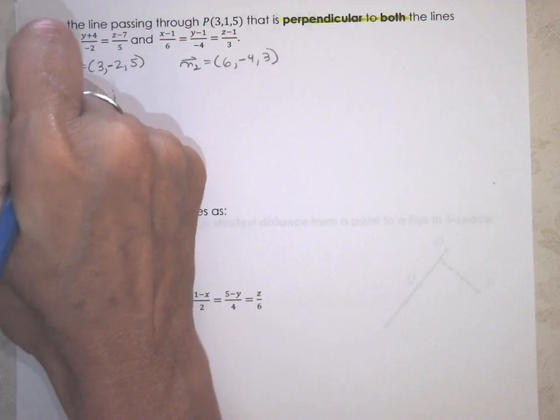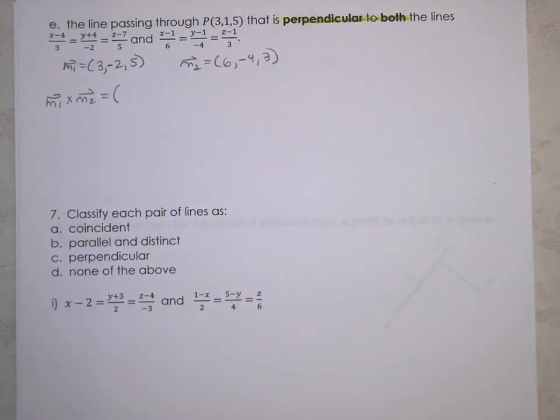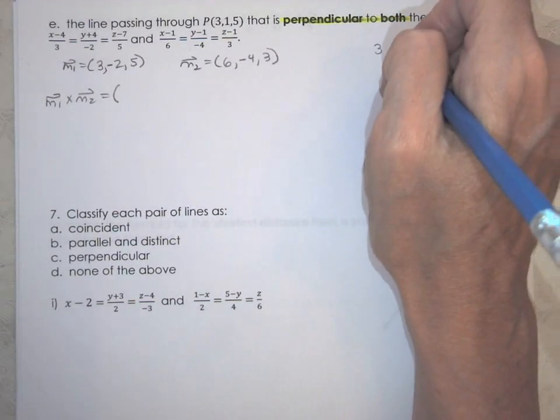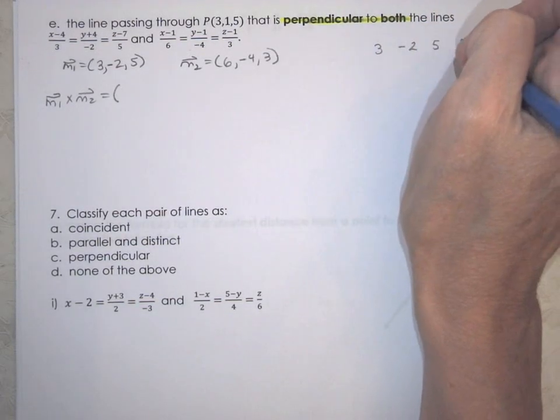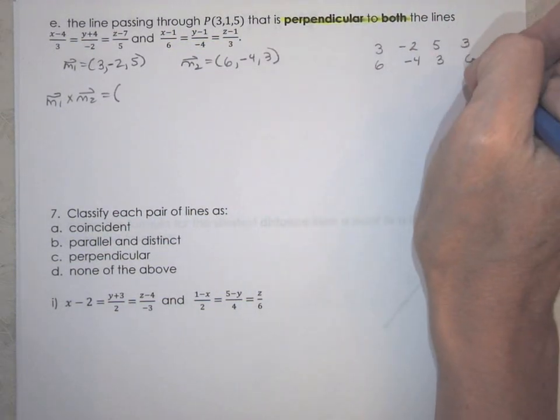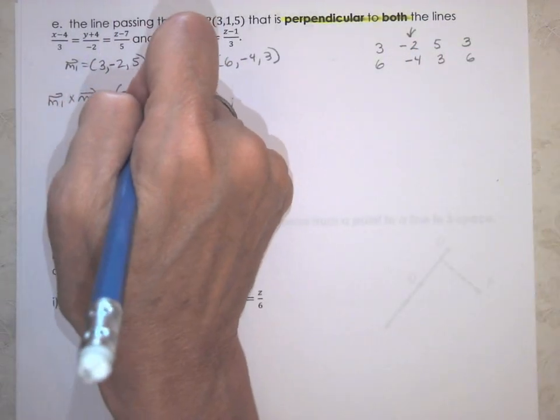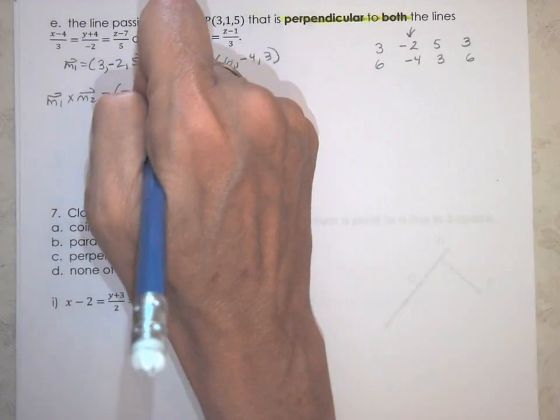We want to find their cross product because that's going to be the direction we want. So we'll do our little 3, -2, 5, 3. Start here. So it's going to be -6 subtract -20.